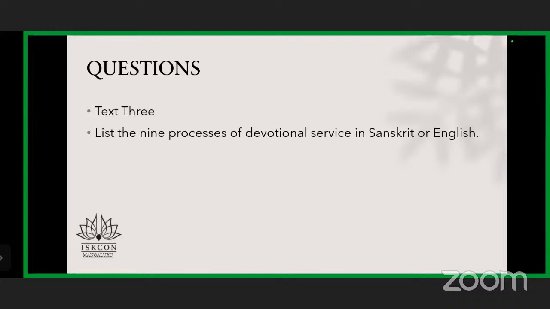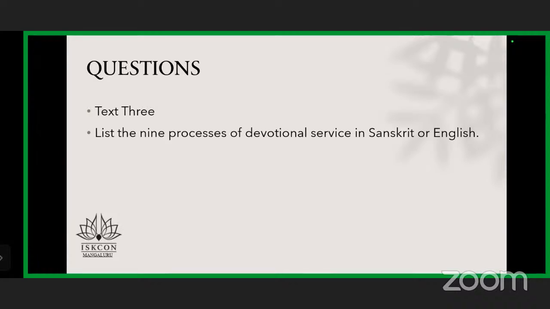Anybody knows the 9 processes of devotional service? Not types, 9 processes. Shraddha, sadhu-sanga, bhajana-kriya, anartha-nivritti, nishtha, ruchi, asakti, bhava, prema.